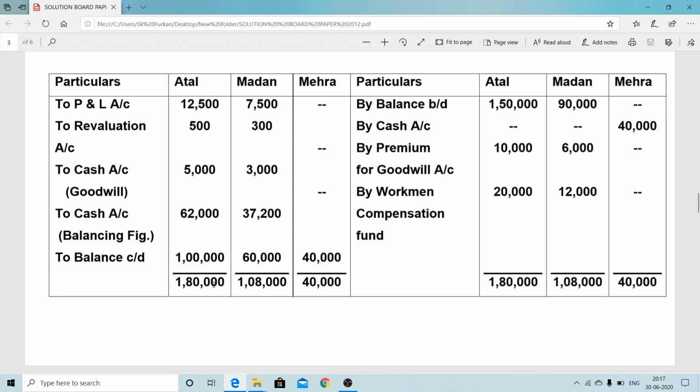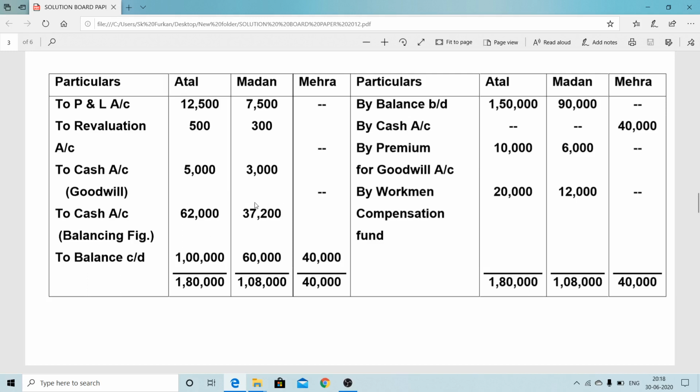Now if you compare, wherever there is a shortage we put cash. He wants to make his capital 1 lakh, but it is coming to 1,80,000 minus this amount, so automatically he has to withdraw 62,000. The credit side is more than the debit side. How much more? 62,000. Therefore Atul will withdraw this amount of 62,000. How much does Madan have to withdraw?